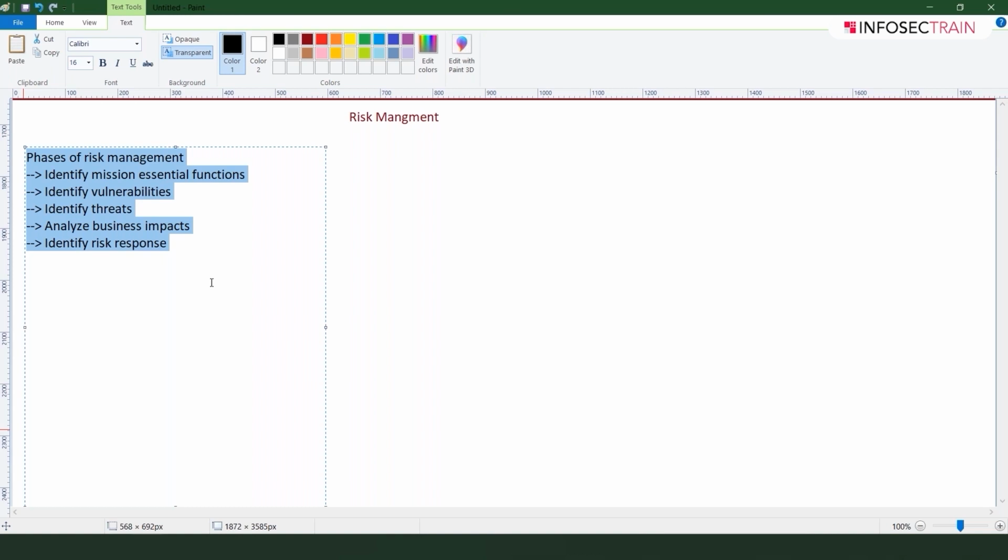First, you will be identifying the essential functions, our critical assets. Say I am a particular e-commerce website, so people will be purchasing from me. For me, critical functions could be my database, my front end, web servers, the network, and the data center, which keep me running. So I'll be identifying my essential functions.